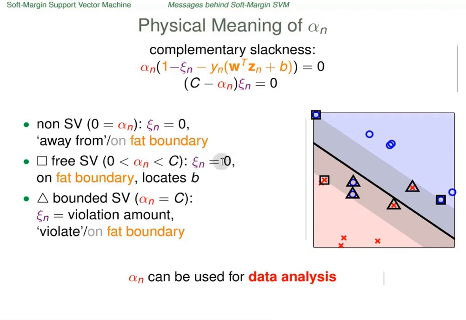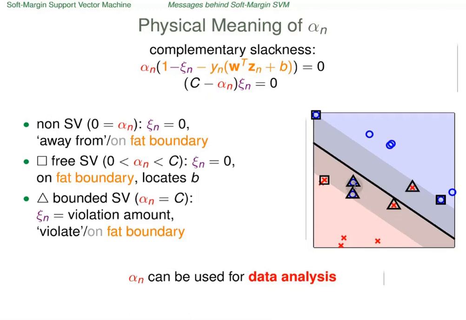We call them free support vectors, which are guaranteed to be on the boundary of the fat hyperplane. Therefore, they are also called margin support vectors. The support vectors with alpha equal to C, on the other hand, are called bounded support vectors. We can also call them non-margin support vectors, represented by those triangles.